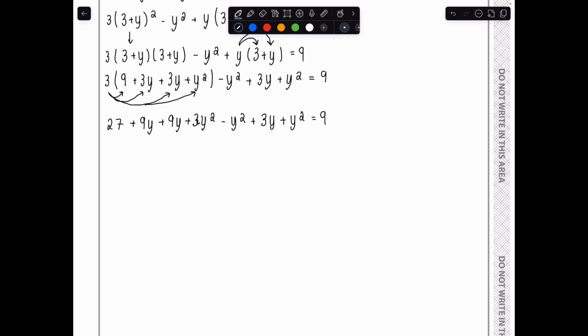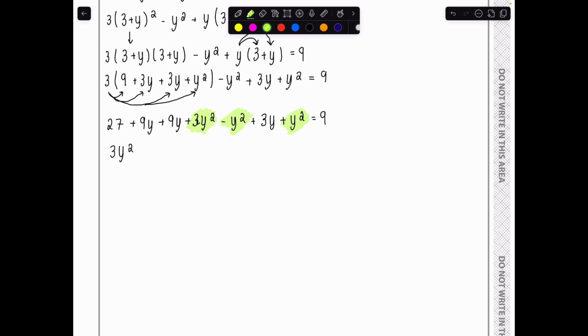From here, let's first have a look at our y squared terms. We have positive 3y squared, a negative y squared and a positive y squared. In other words, we've got 3 lots of something, we're taking away 1 lot, and we're adding 1 lot. So what does that leave us with? That leaves us with 3y squared.